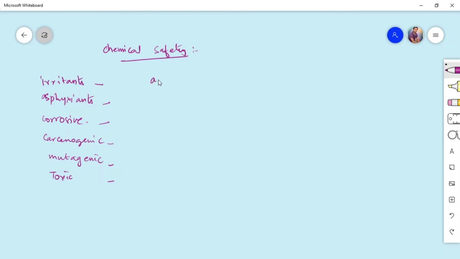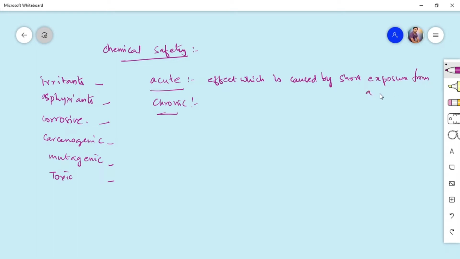In chemicals we have two types of effects, acute effect and chronic effect. Acute effect means the effect which is caused by short exposure to a chemical.